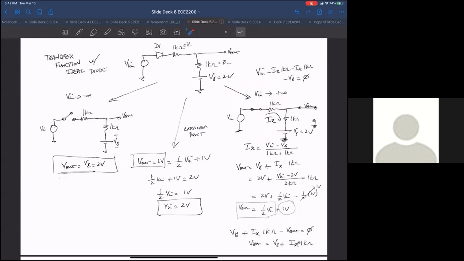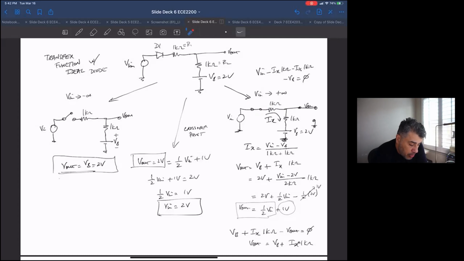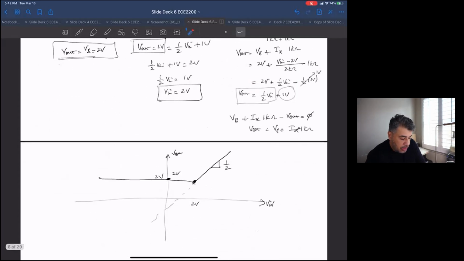The only time you won't have a current flowing is when Vn is equal to 2 volts. When Vn is exactly 2 volts, you don't get any current flowing, so V out is just VB, which is this point here. That's another way to look at it.